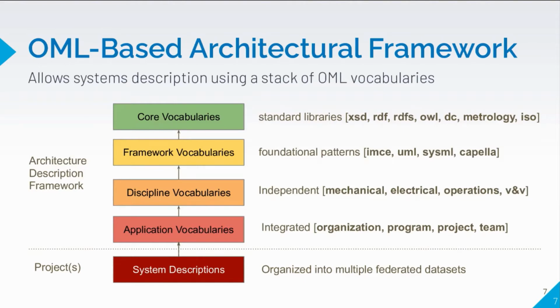And finally, since we are talking about work being done by certain organizations, programs, and teams, we can integrate these separate domains together into applications that can be given to projects or programs to work with in defining their systems. They use the stack of ontologies to describe the system that they want, and they can break it up and federate it into various pieces and use the Maven dependencies to establish connections between each other.